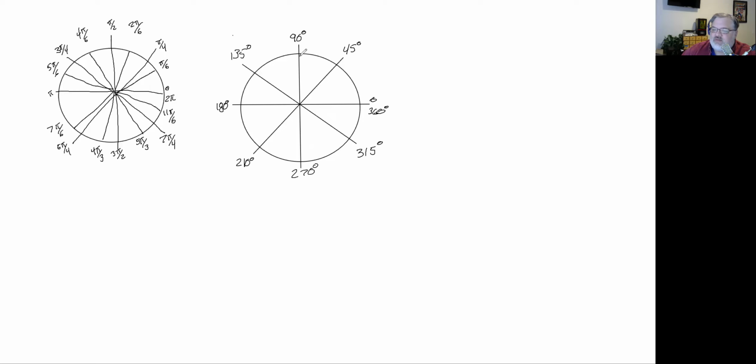And we could break it up, instead of breaking it up in half to get the 45, we could break it up into thirds. A third of 90 is 30 degrees. So again, 30 degrees is the same angle measure as this pi over 6 radians. That pi over, oops, we didn't even reduce that. That pi over 3 is the same as 60 degrees, and so on around the circle.